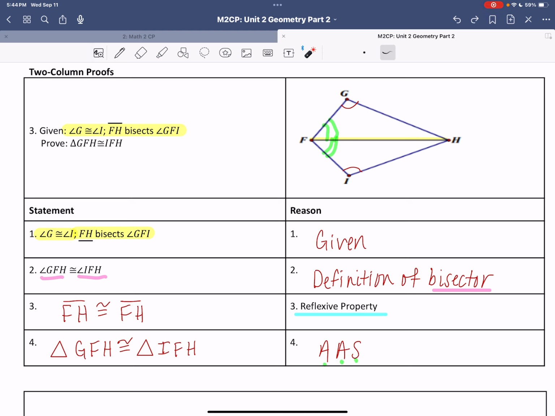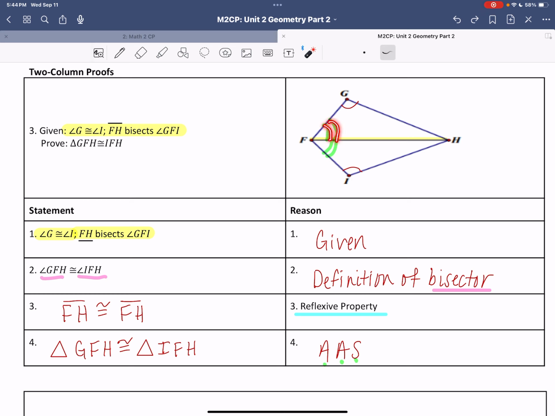So the first step you always want to do is write whatever is given. So this is going to go right here. Your first step is always going to be what's given information. So it could either be written there or it could be provided on the picture. So the next step is it tells us that angle GFH is congruent to IFH.